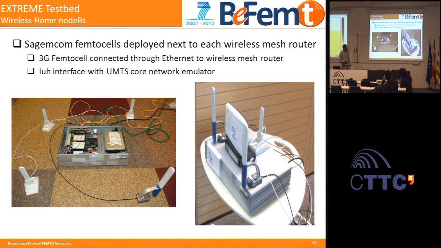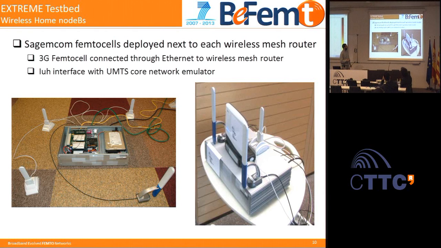And what we did is, globally, these two things: this is a small form factor PC where we have the routing protocol, and we connect this femtocell through an Ethernet cable to this wireless mesh router, so that all the traffic coming from this commercial femtocell, since we don't have access to the internals of the code, so that's why we had to do this, we get all the commercial traffic, and in the end it's IP packets for us. We put them in a geographic packet, and then we do the routing in each of the nodes.